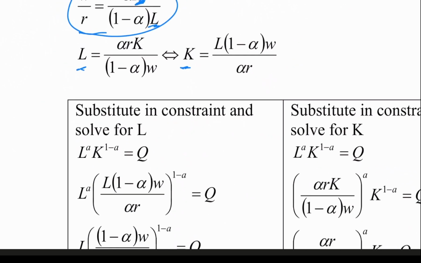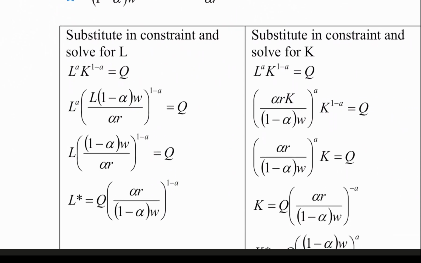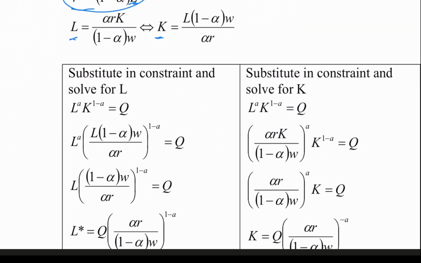So step number 3, then we substitute these values that we found into the constraint and solve for L. Then we get the optimal level of labor and capital. So I just flipped the production function, the constraint function, around here, so I've written it backwards.